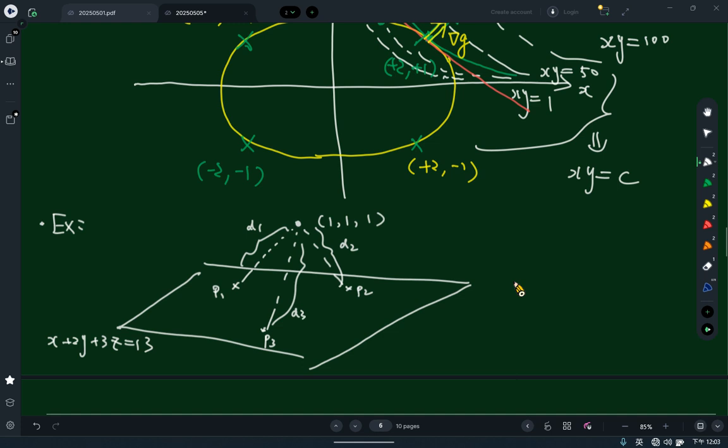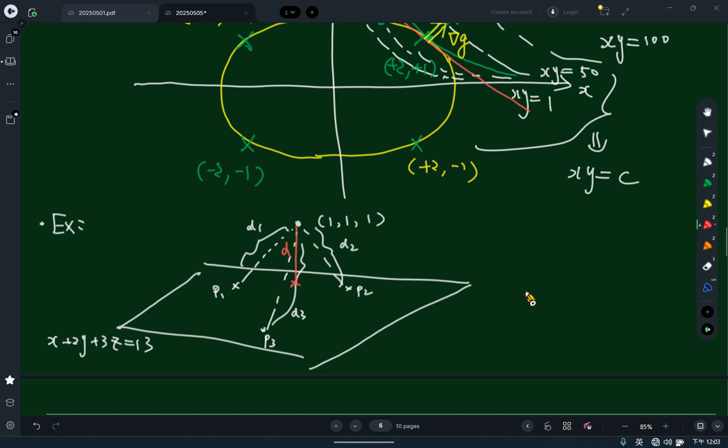So we have an infinite number of points on the plane. If we want to get the shortest one, how can we get it? Maybe here. This distance is the minimum one. How can we get the distance?